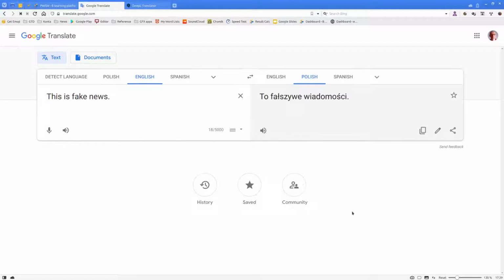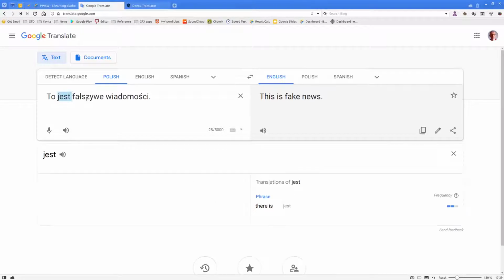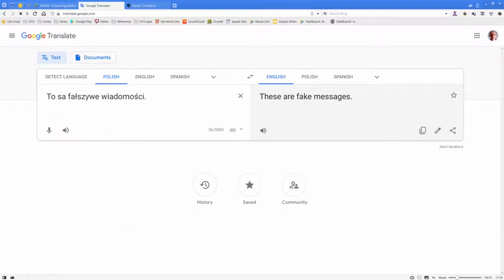But that's interesting, right? Because if I now switch back, now this is translated as fake news, but that's what I was talking about. You can add something like a verb. To są oczywiście.